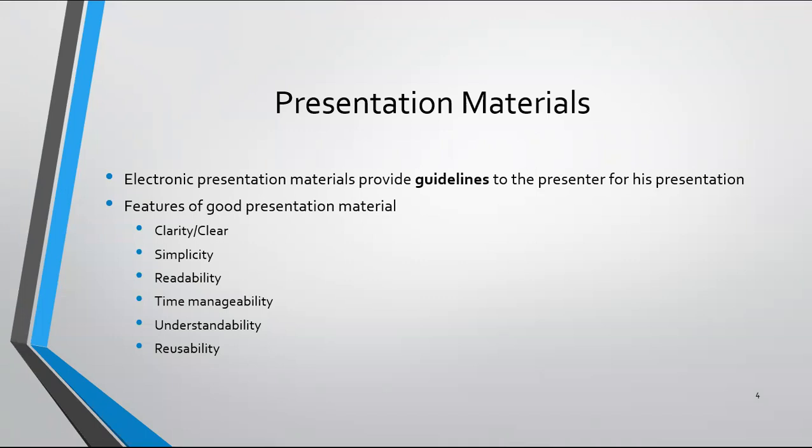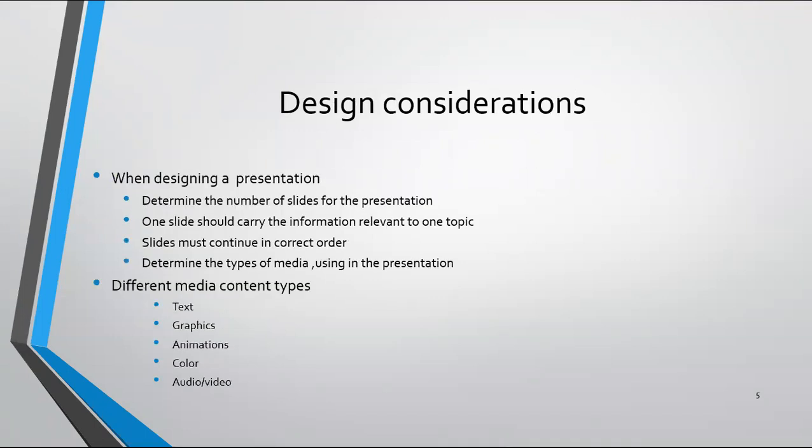Okay, then the next part, design considerations. When designing a presentation, you need to determine the number of slides for the presentation, and one slide should carry information relevant to one topic, and slides must continue in correct order, and determine the type of the media used in the presentation, right?